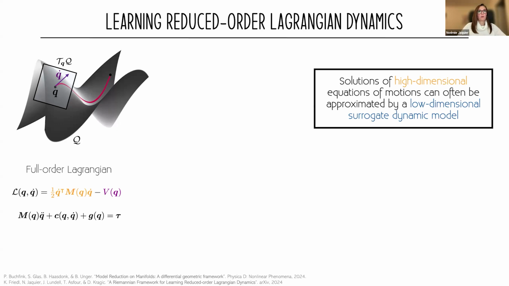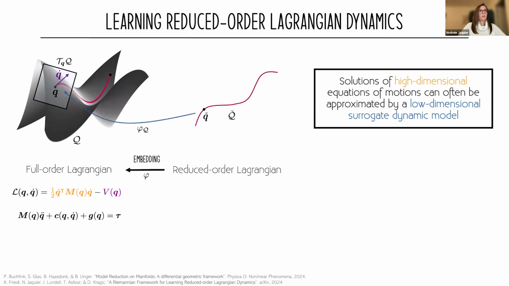And the idea is that, to be sure that the surrogate model is also physically consistent, it will preserve the structure of our full order model. So what we are aiming at designing here is a reduced order Lagrangian, which is embedded into a high order Lagrangian system.